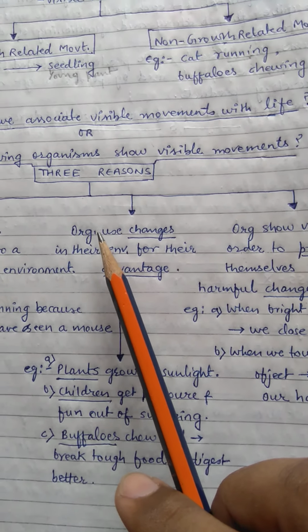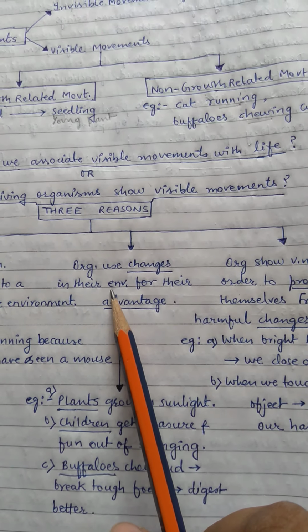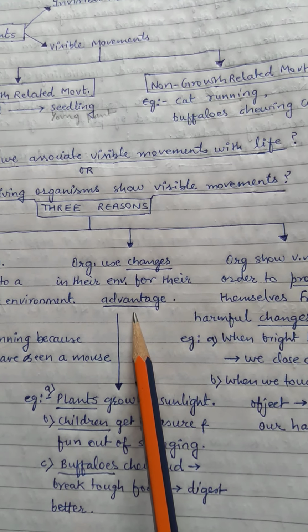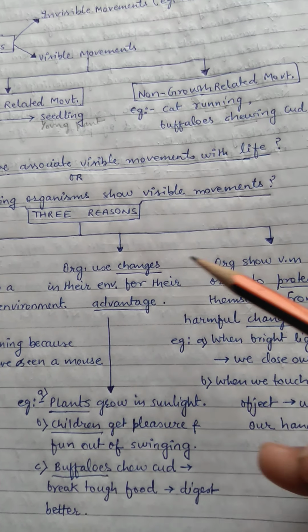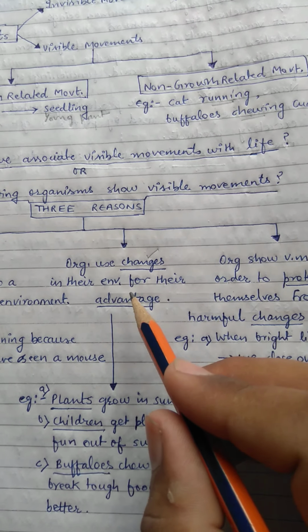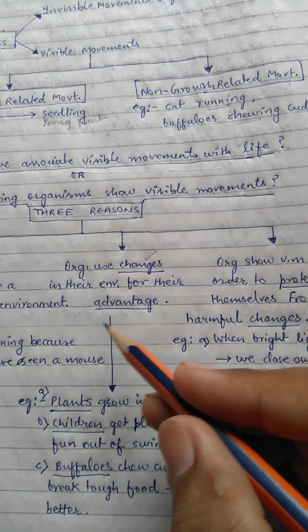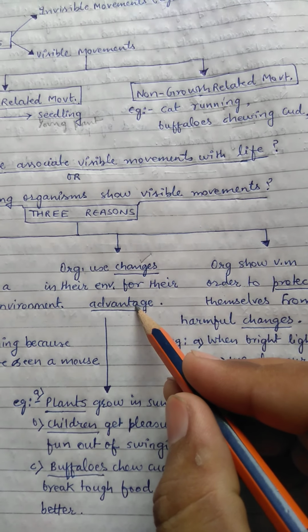On the other hand, organisms use changes in their environment for their advantage. So in this case, the change which is happening in the environment is being used by the organism for the benefit, for deriving some advantage out of it.